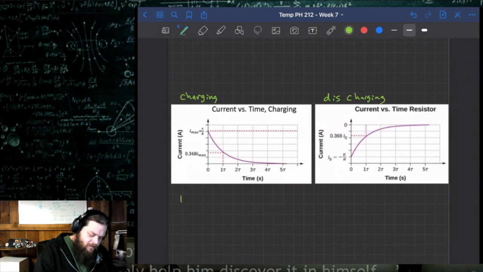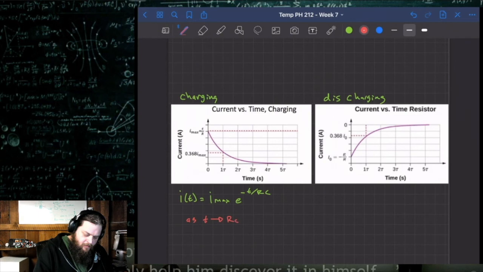The equation for these is I of t is equal to the maximum current times e to the negative t over RC.